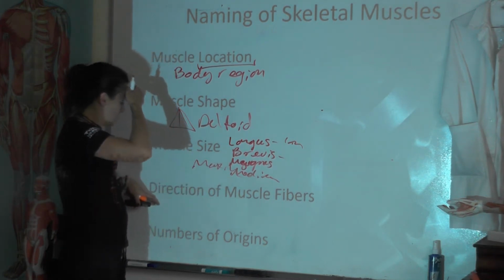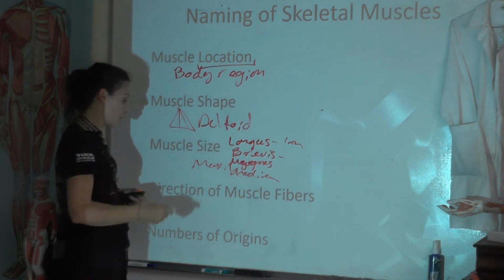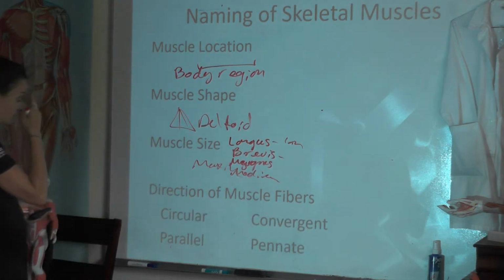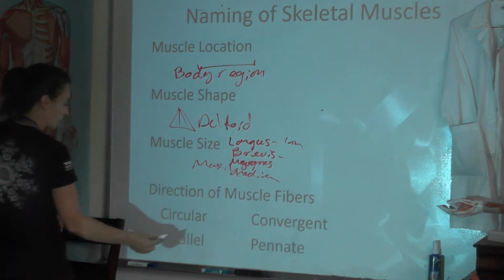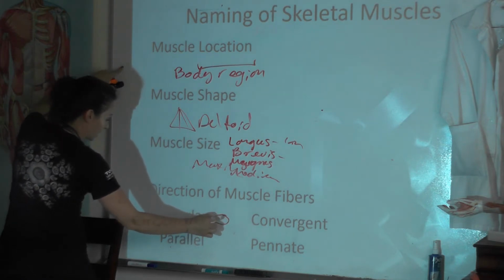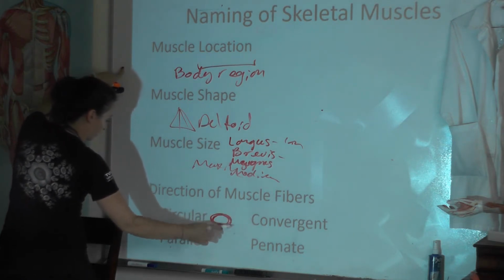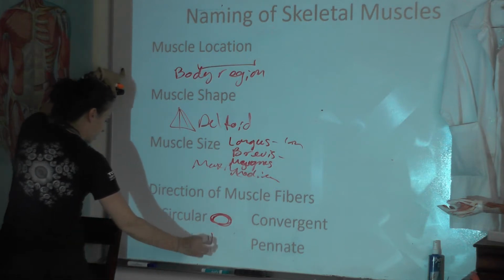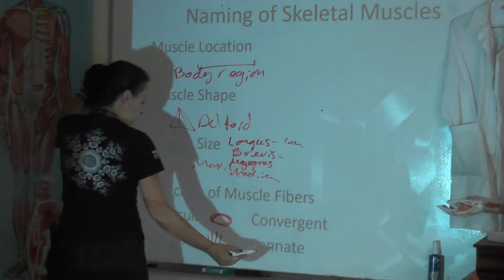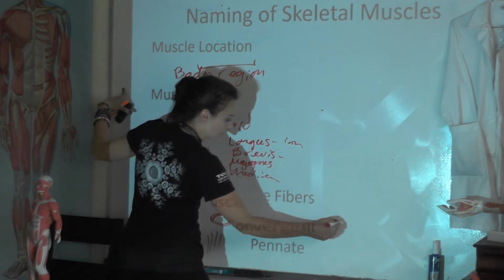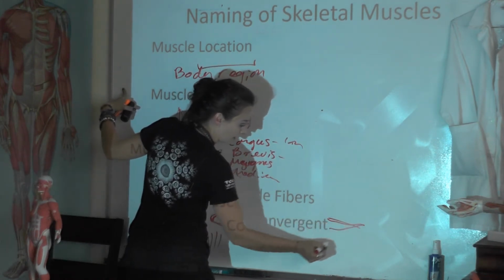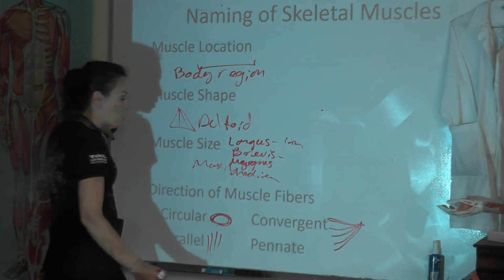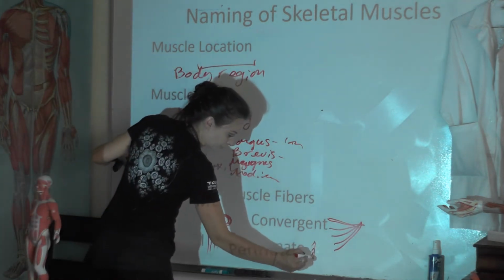Okay. Direction of muscle fibers. So which way are the muscle fibers running? I'm actually going to come back to this one. So circular muscle fibers. If you look at the ways that our muscle fibers are arranged in their fascicles, they can be arranged in a circular fashion, in a parallel fashion, in a convergent fashion where they are all converging across a wide span, or they could look like a feather.